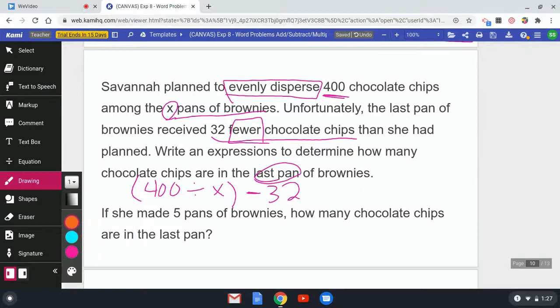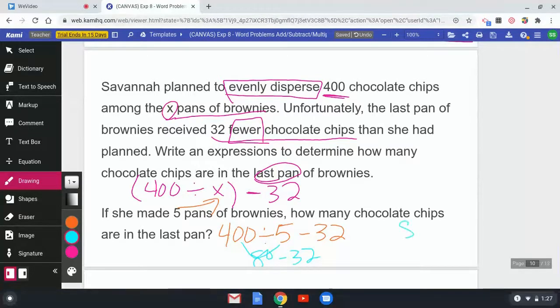If she made 5 pans of brownies, how many chocolate chips are in that last pan? So I would have 400 chocolate chips divided by 5 minus that 32. Evaluate, we have to follow the order of operations. 400 divided by 5 is 80.